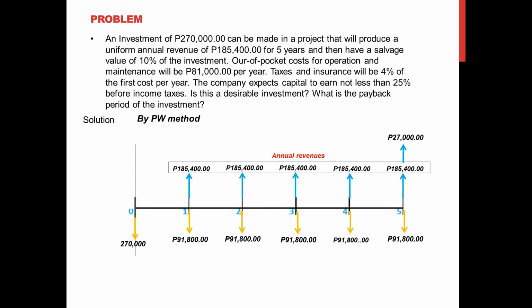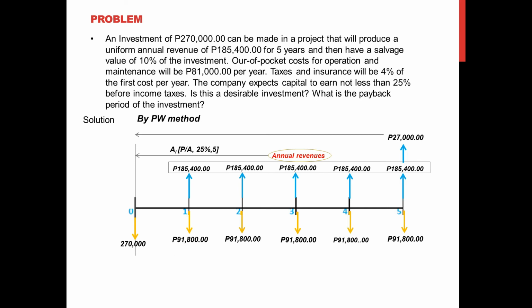So as a matter of our method for the present worth, we draw a line on the zero for the present time, and then these annual revenues will be brought back to the present by the notation annuity of our inflow times finding P given A 25% at 5. So we do the same for the salvage value at the end of the 5th year.